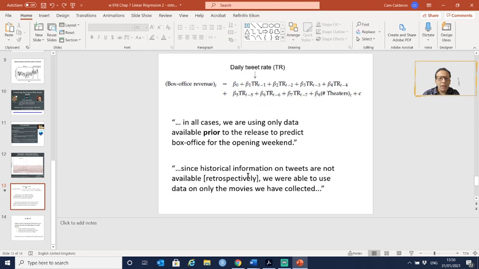In all data, they use data prior to the release to predict the box office for the opening weekend. And since historical information on tweets is not available retrospectively, they were able to use data only on the movies they had collected. So this is the way in which you will be able to find solutions.